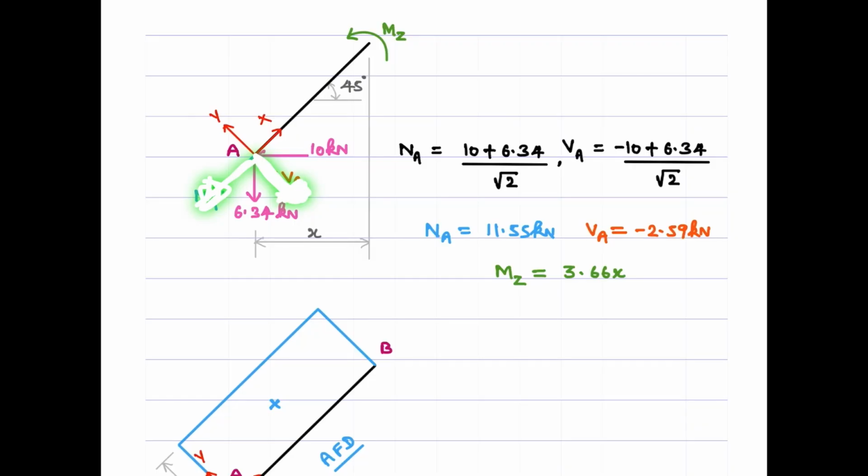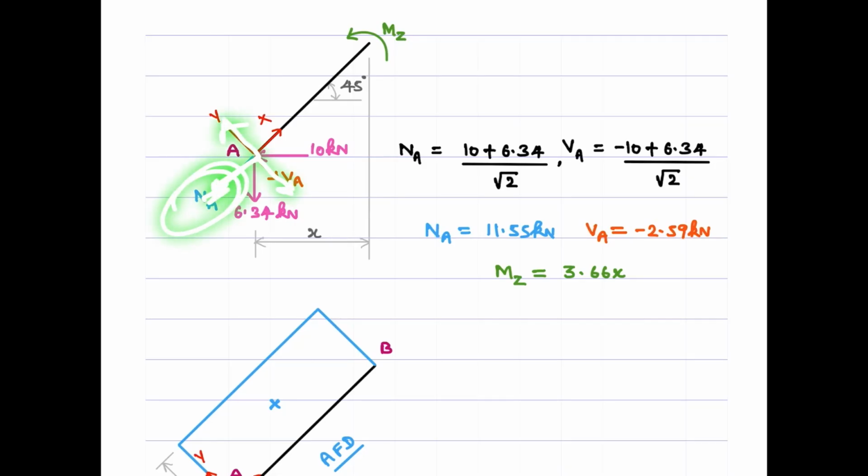How about the other support reaction, 10 kilonewton? This will be resolved in this fashion, right? So for VA, we have this, and for this 6.34 kilonewton, we have this, and then for the 10 kilonewton, we have this.